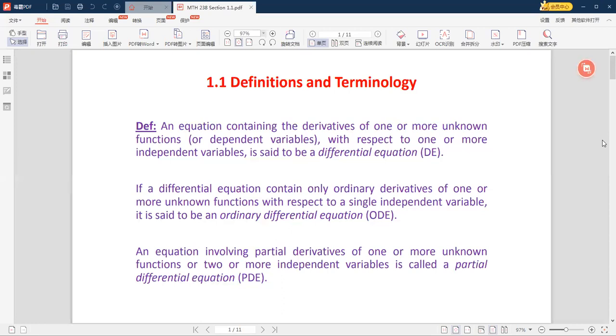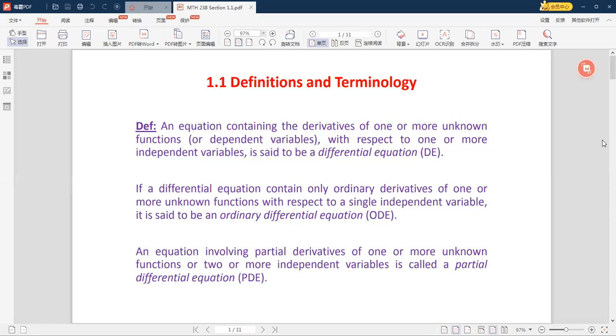This is the function we need to solve with respect to one or more independent variables. It's said to be a differential equation, or DE by abbreviation.